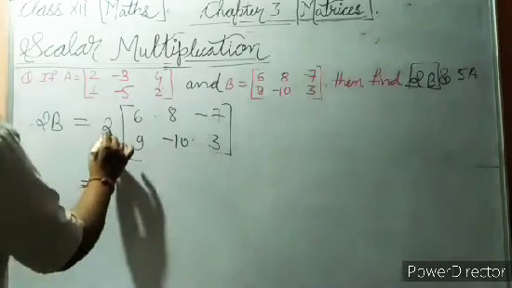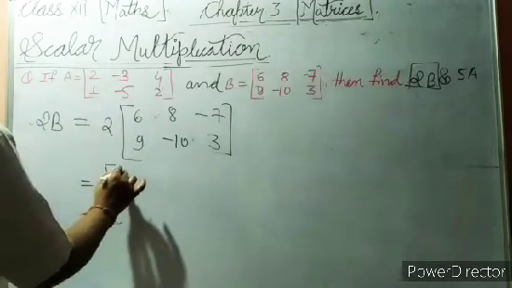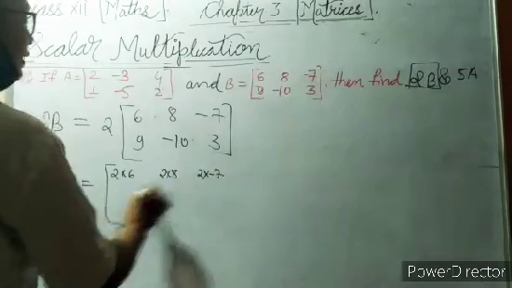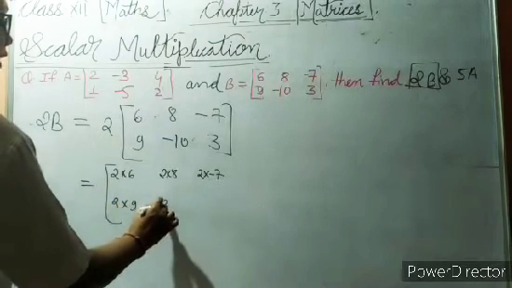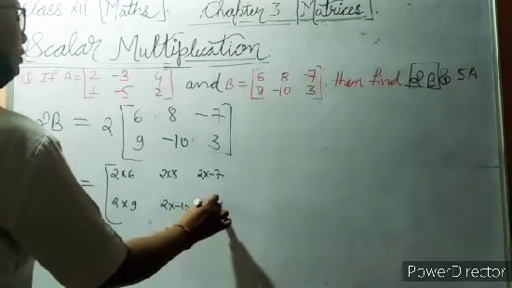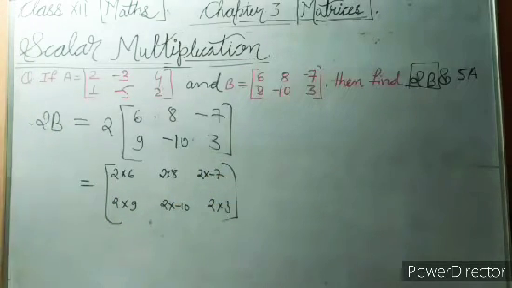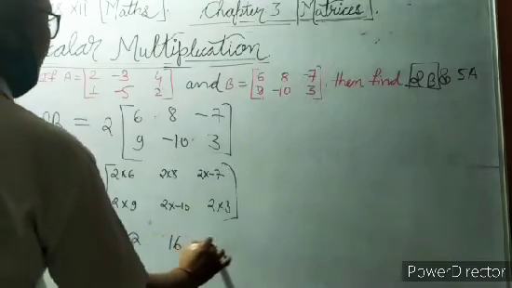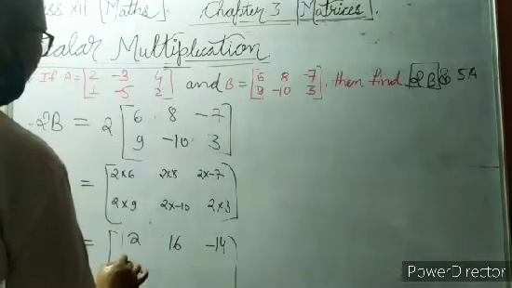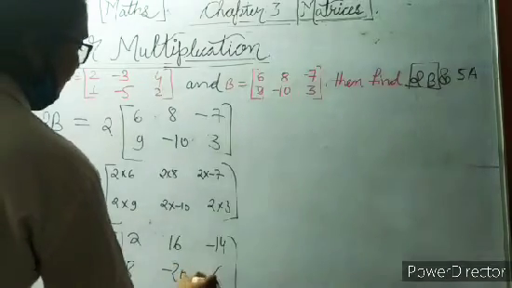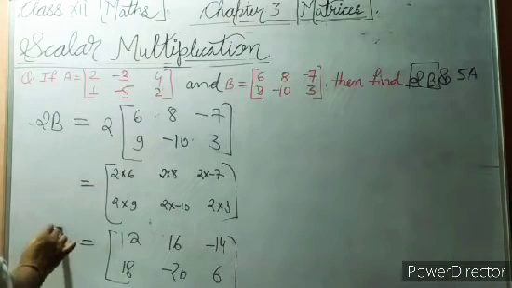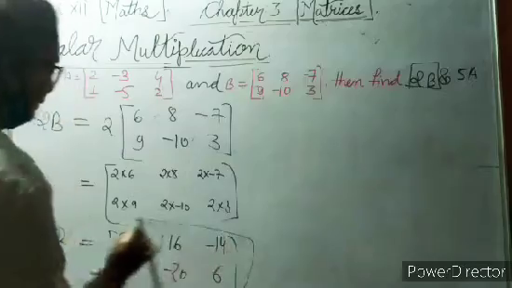You see here, we multiply 2 with 6, 2 with 8, 2 with -7, 2 with 9, 2 with -10, 2 with 3. So it will come, it is your answer. We say this is our 2B matrix.